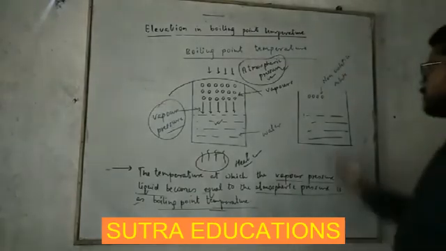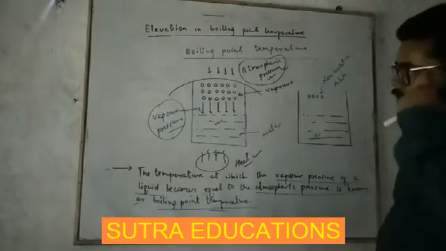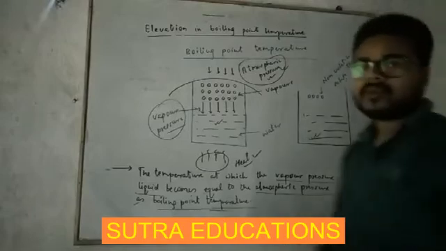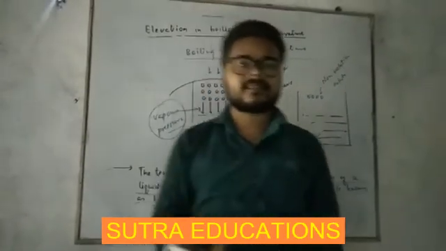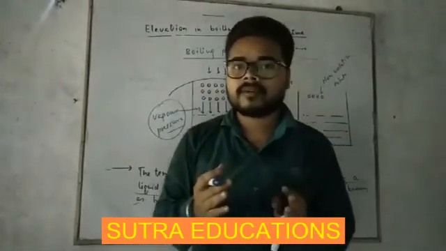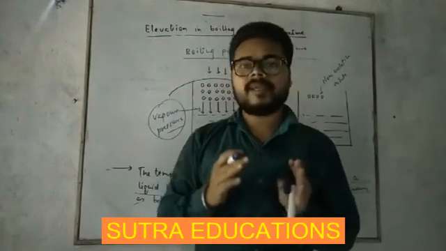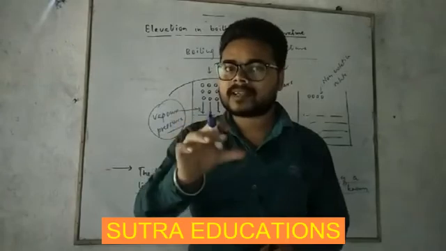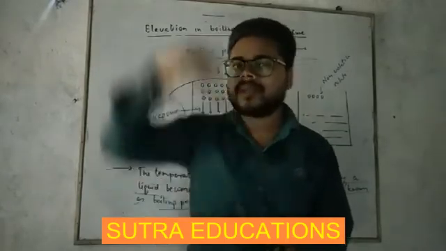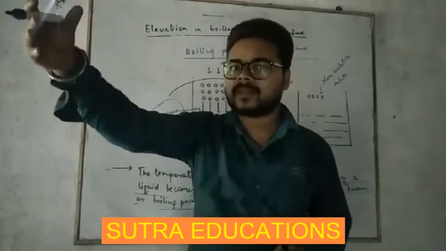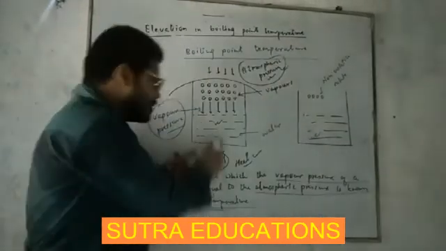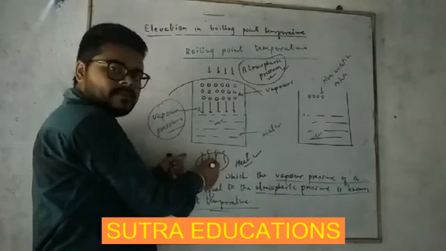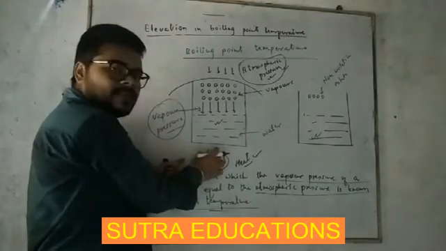Vapor pressure of the solution formed will decrease. Okay. So if vapor pressure will decrease, and we know what is boiling point temperature? Boiling point temperature is that temperature at which vapor pressure of a liquid becomes equal to the atmospheric pressure. Okay, in the pure liquid, more vapor pressure is forming at low temperature. That's why its boiling point temperature is low.